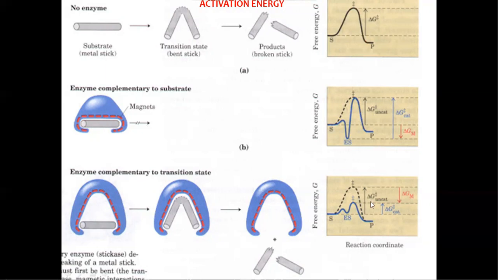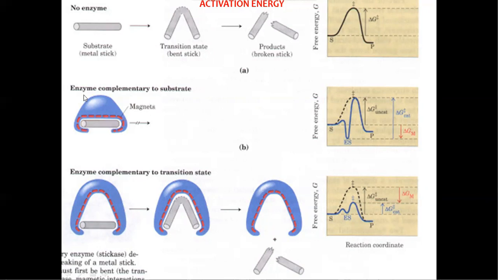And here we can see another two important graphs. If you are considering that this enzyme has a complementary shape with the substrate, and comparing with the first case, here the enzyme is consuming 100% of energy to reach the transition state and convert into products.